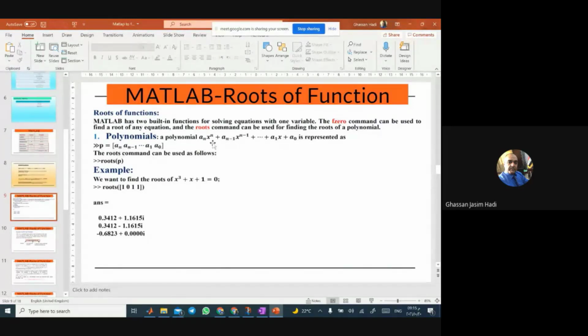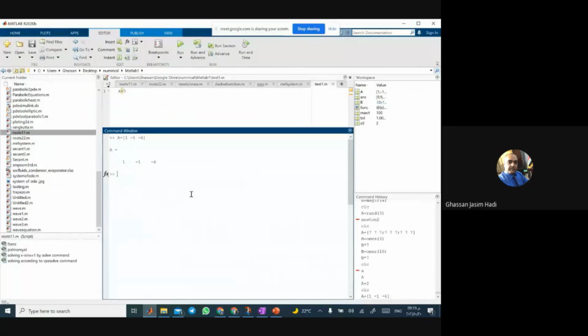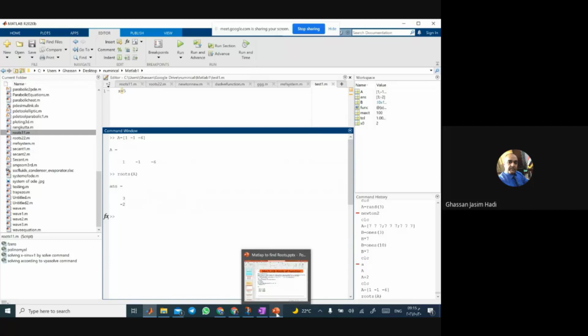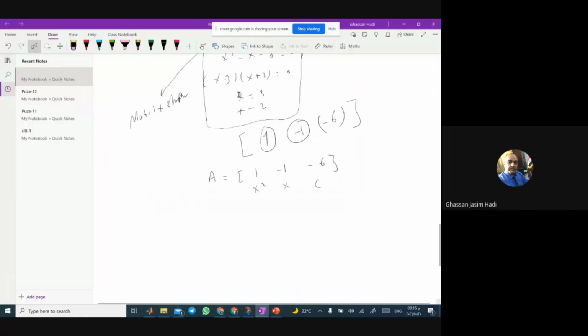If we have something like this, just put the coefficients and tell him roots of P, or roots of A. Now let's say roots A. Enter. He gives us the roots 3 and minus 2, like we found here.